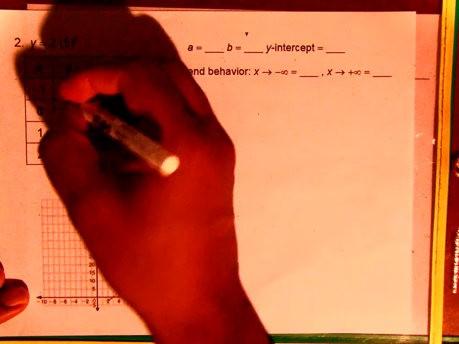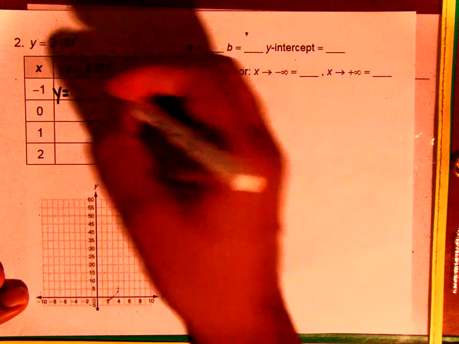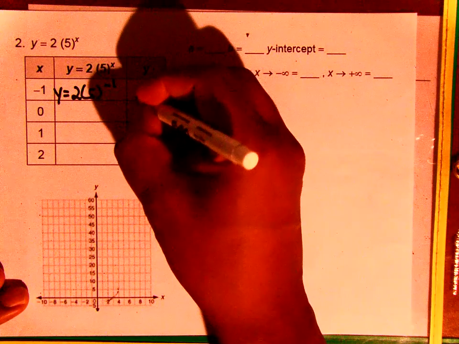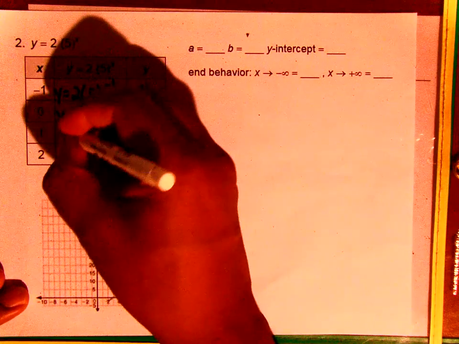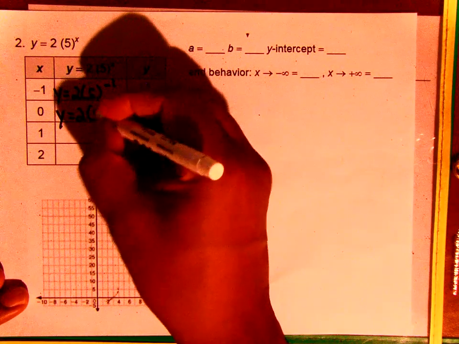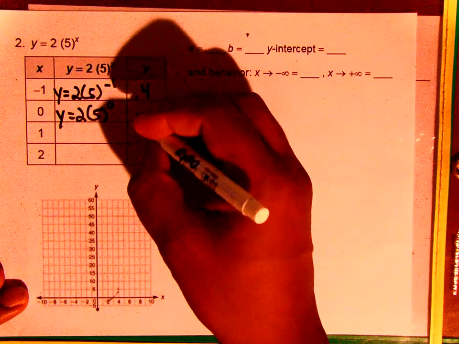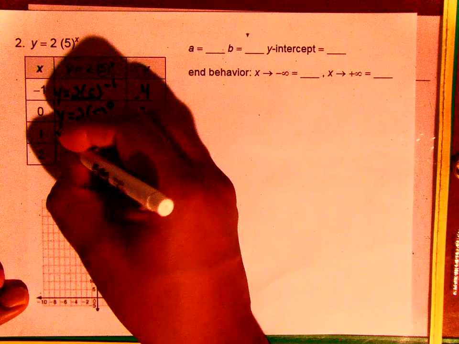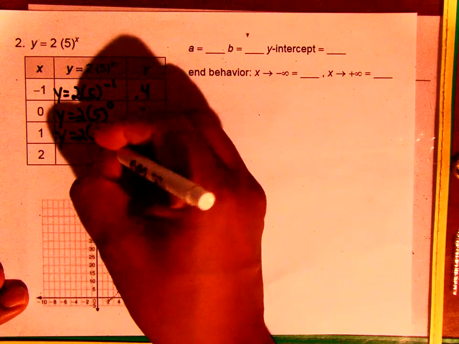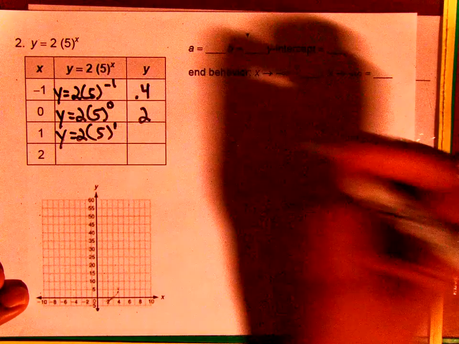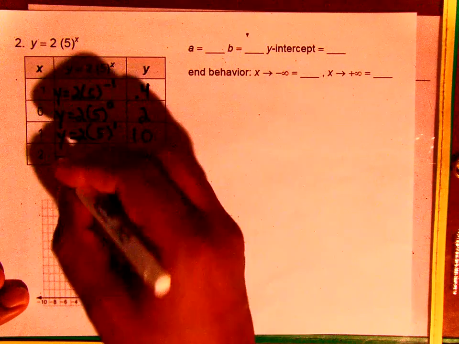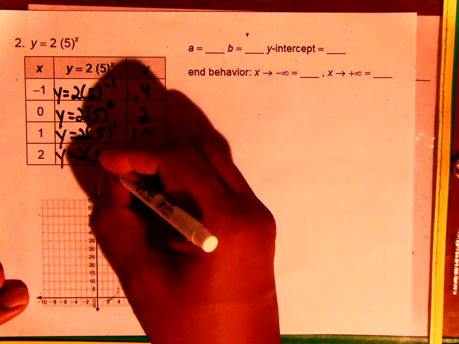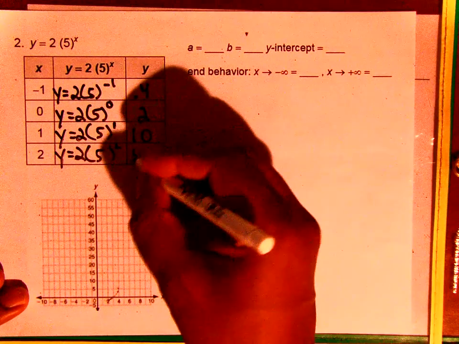When I plug in negative 1, it'd be y equals 2 times 5 raised to the negative 1, and I get 0.4. y equals 2 times 5 raised to the 0 gets you 2. Then 2 times 5 raised to the 1 gets you 10. And 2 times 5 raised to the second gets you 50.